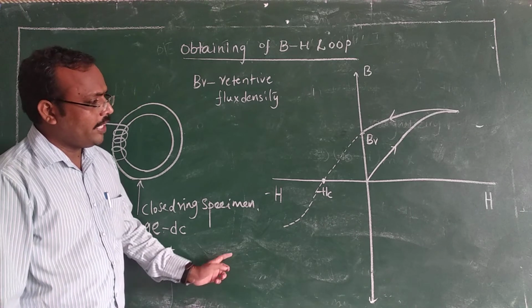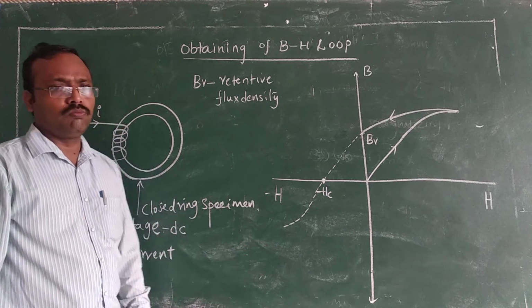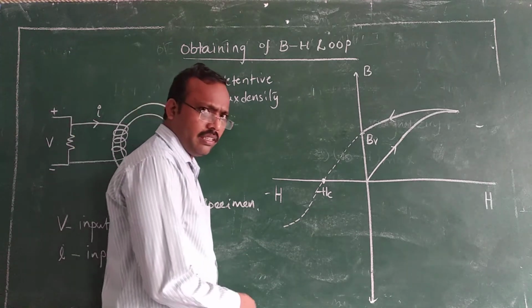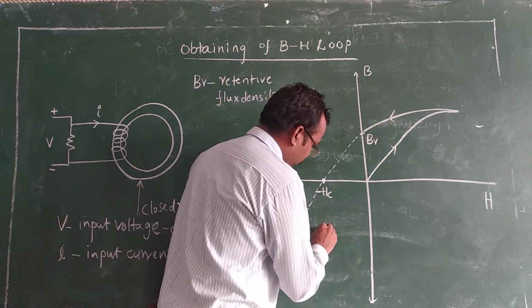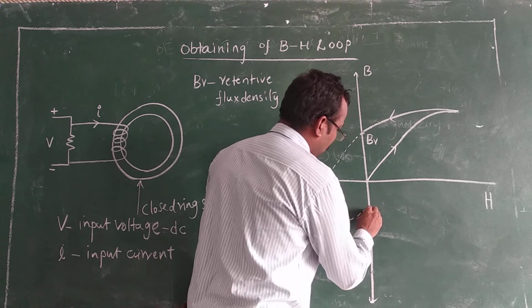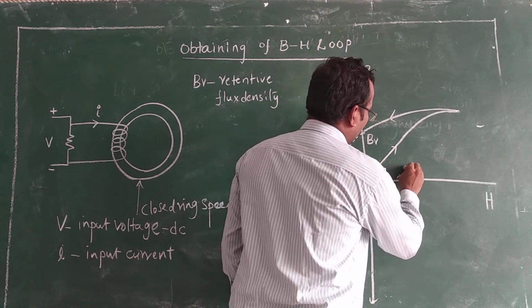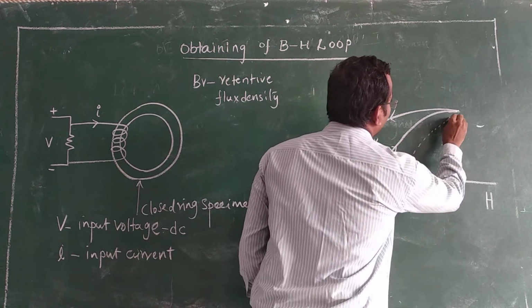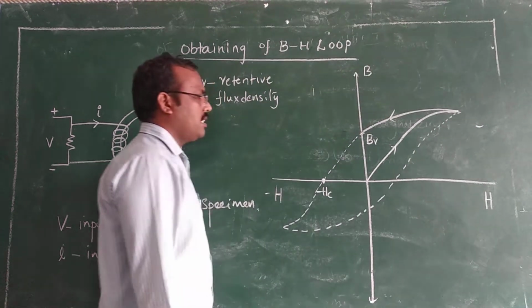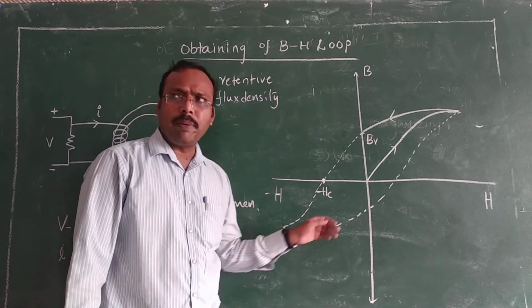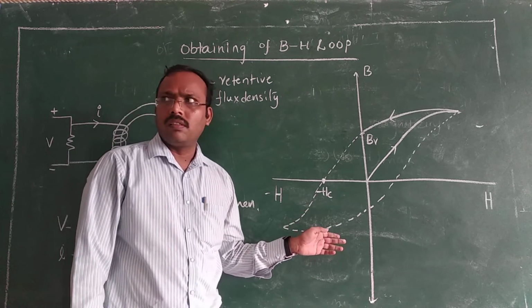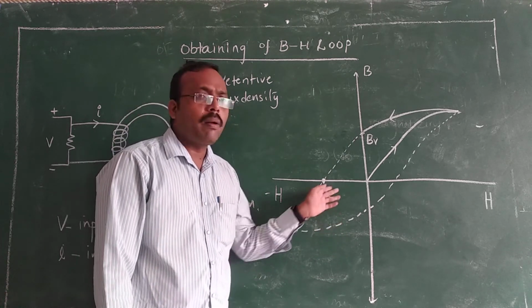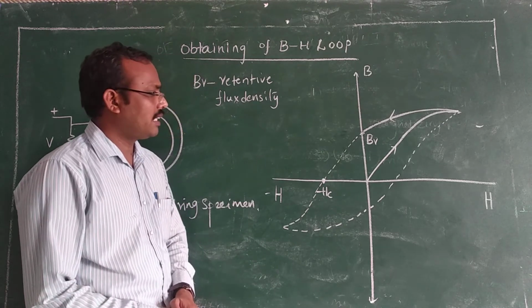Again we bring the reverse current to zero, and we get a curve like this. This process is repeated until we get the proper BH loop.